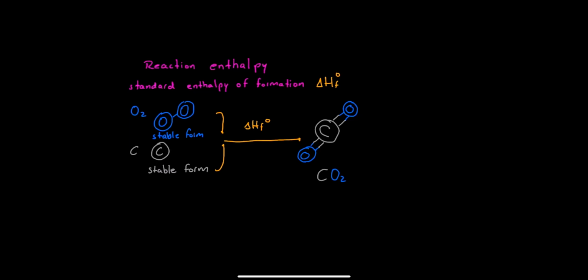The standard enthalpy of formation is determined at standard conditions, which are 25 degrees Celsius and around 1 bar. In this case we would have a heat release, meaning that delta HF is negative, or below 0, and we would consider it exothermic.